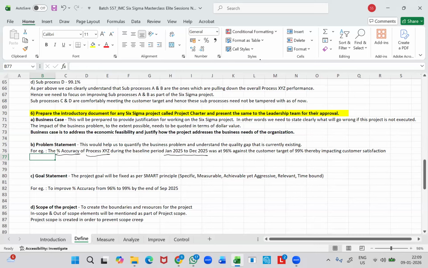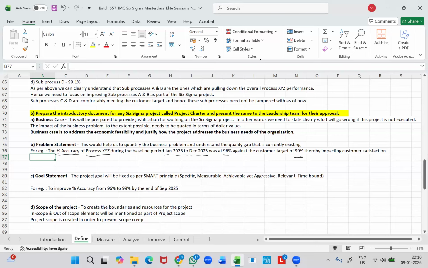Then the baseline measure of the CTQ metric, which is 96%. And then the customer target, which is 99%, so that we are able to understand the quality gap. And then we'll end the sentence with the high level impact that would be felt by the customer. So thereby impacting customer satisfaction, right?